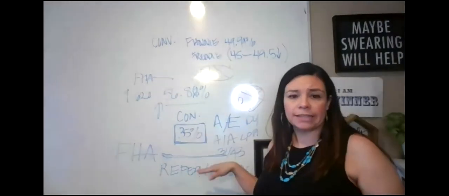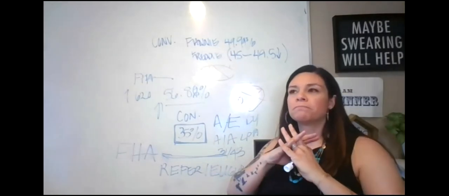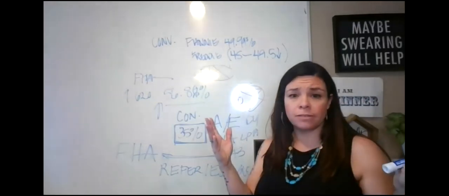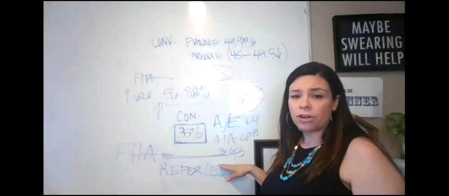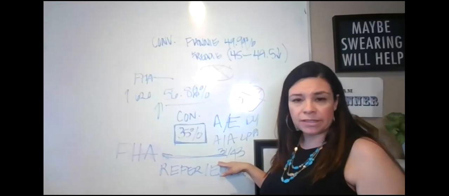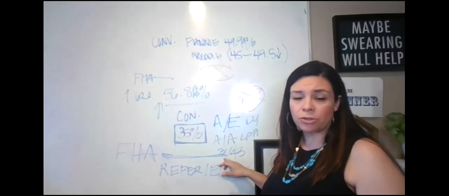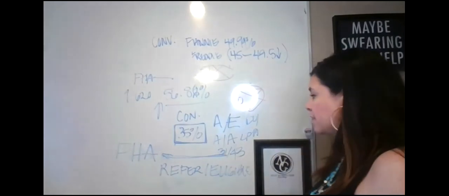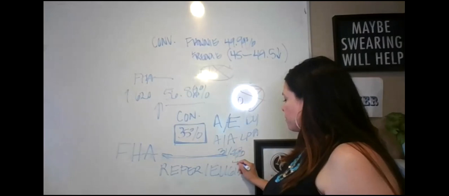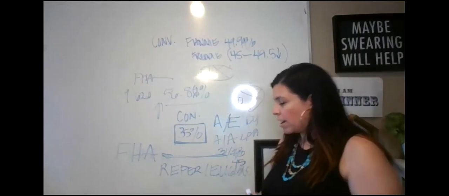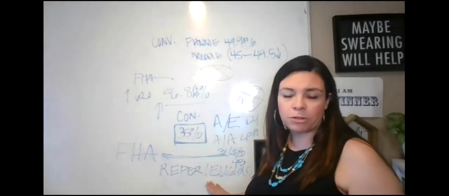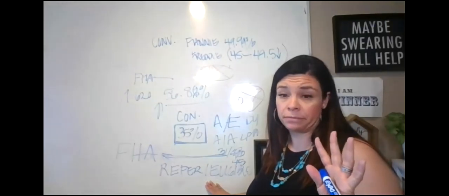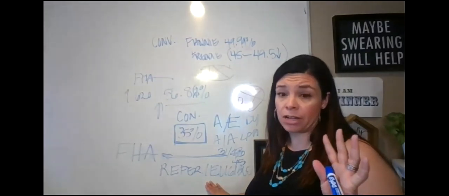So if you're under like a 600, and now these are just generalizations, but if you're hovering 600 or lower and your ratios are above 31/43, let's say you're 31/45, okay, you have to have one of the compensating factors as prescribed by FHA, and there's 5. Only 5. And they're very cut and dry.